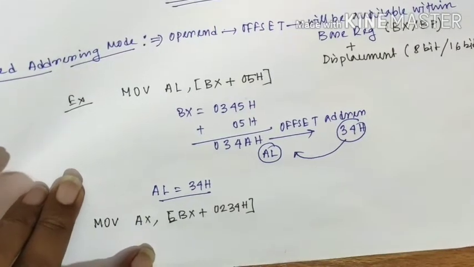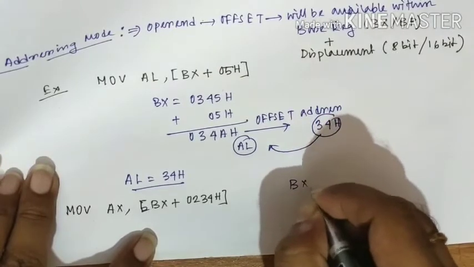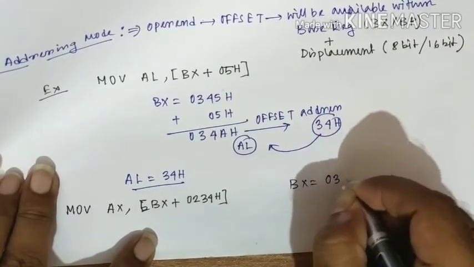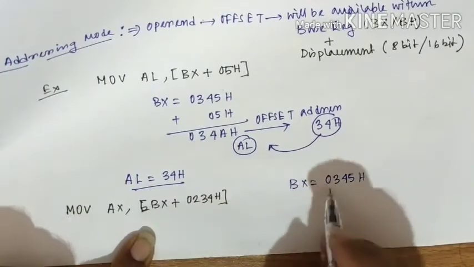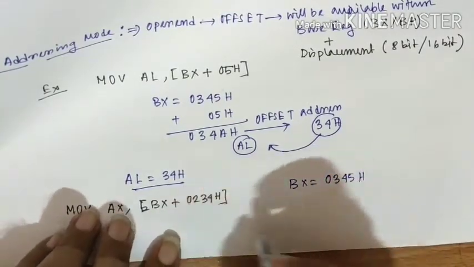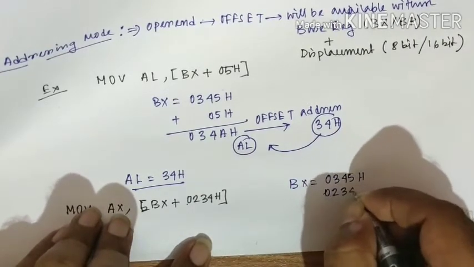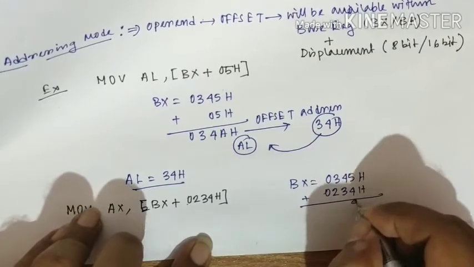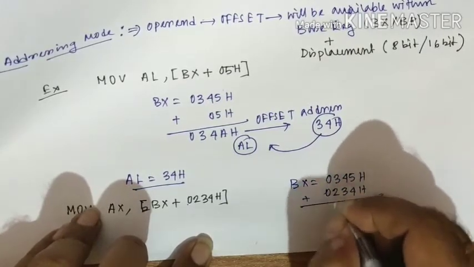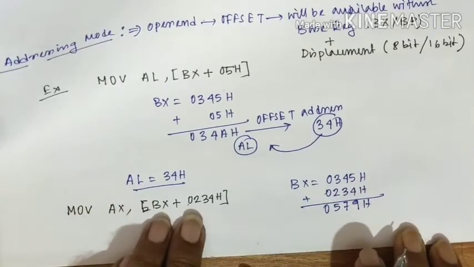Then what will happen? Already you have assumed that the value of BX is 0345. The displacement here is 0234H. Just simply add them. This is 9, 4 plus 3, 7, 3, 2, 5, 0. So that is the value after the addition.